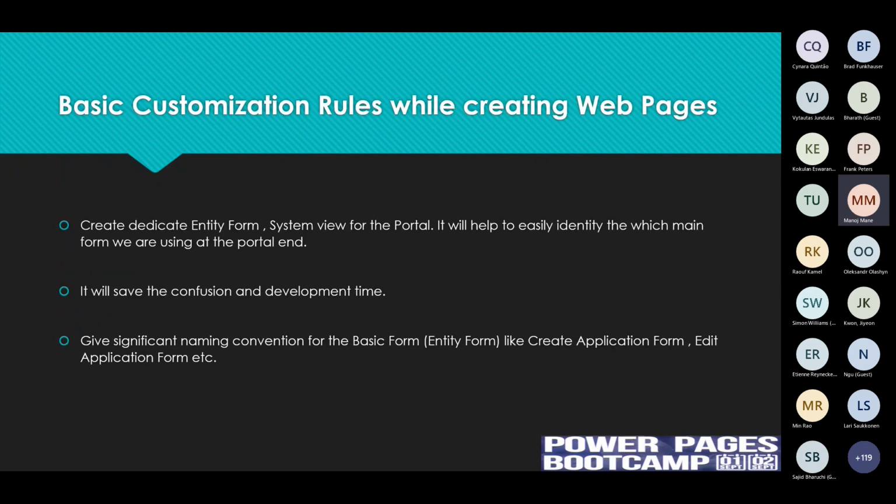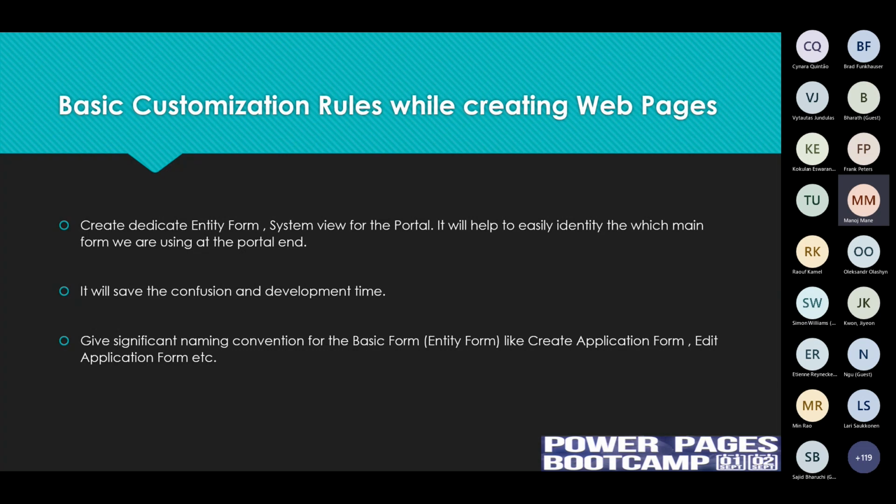The first thing is the basic customization rules we need to follow while developing web pages in Power Apps portal, or Power Apps pages, as we can say. Suppose we are using the basic forms or basic lists.